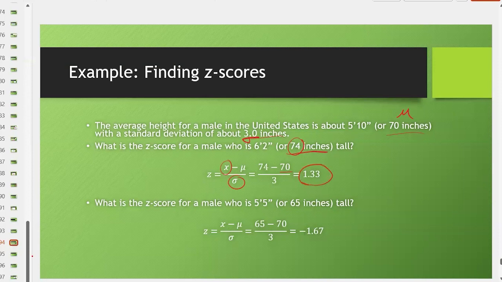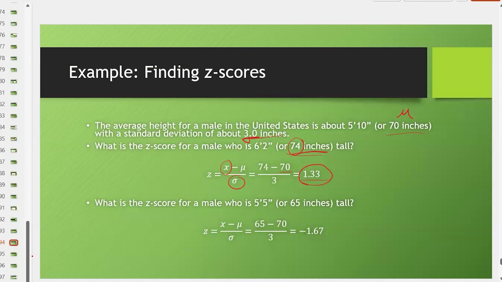That just means that a person who's 74 inches tall is 1.33 standard deviations above the mean. 1.33 times 3 will give you 4 inches. 1.33 standard deviations above the mean.